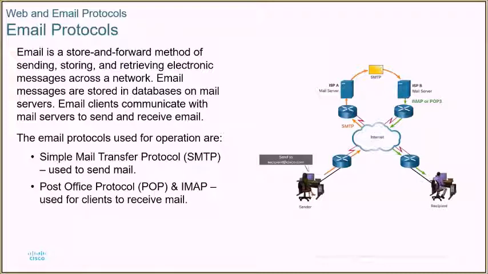Then the user needs to use either IMAP or POP3 to connect to his mail server and download his messages. Now, POP, I haven't seen that used a lot recently, I've got to admit. Post Office Protocol version 3. 15, 20 years ago, you used to have to use it.